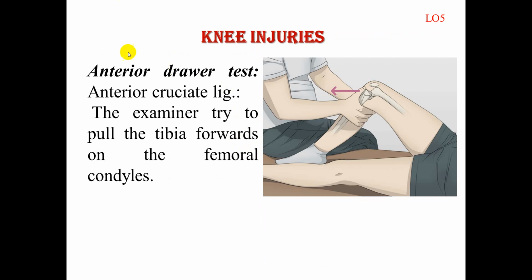This is the test for the anterior cruciate integrity, called the anterior drawer test. You put the knee at an angle of around 70 to 90 degrees, then pull the tibia forward to see how much the tibia slides on the femoral condyle to assess the integrity of the anterior cruciate.